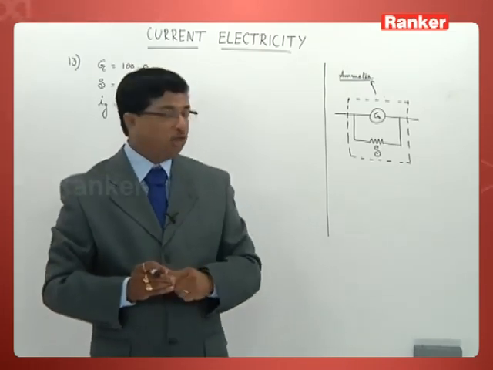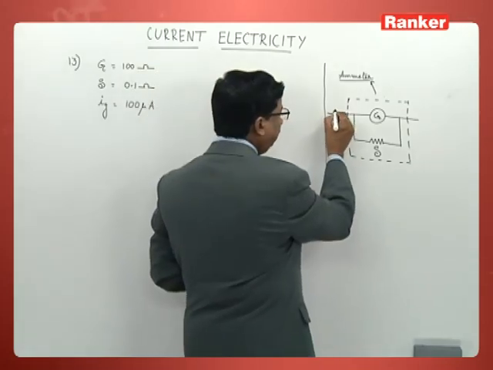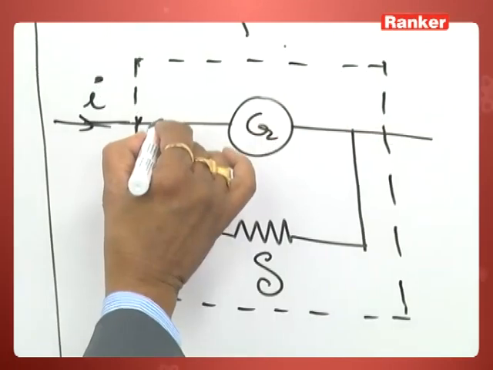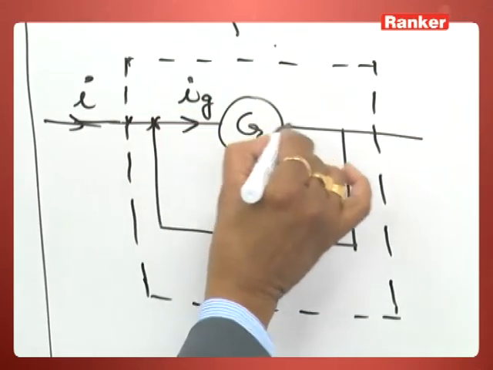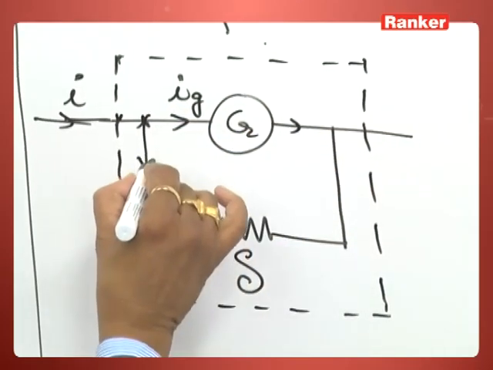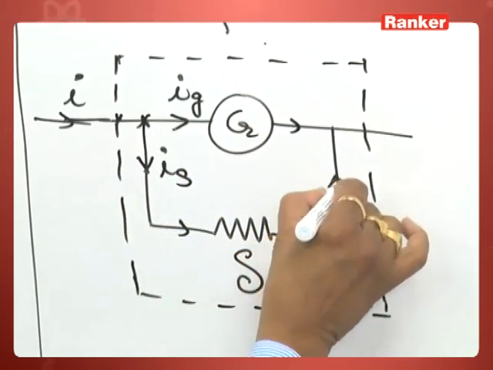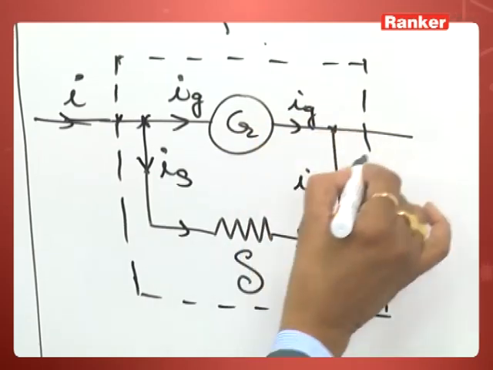If I consider the current entering the circuit as I, after reaching here, a part Ig goes across the galvanometer, and a part Is travels across the shunt. You can straight away understand it this way.